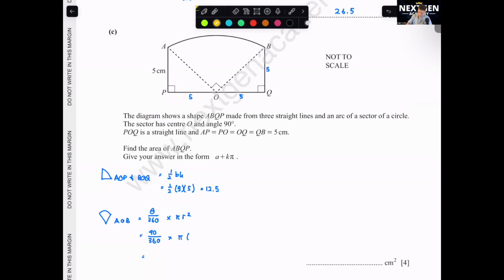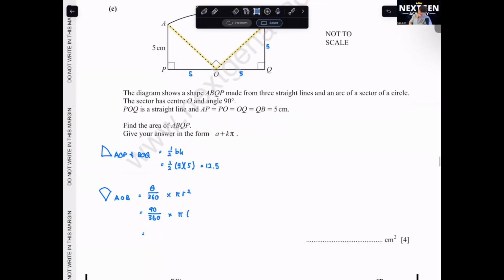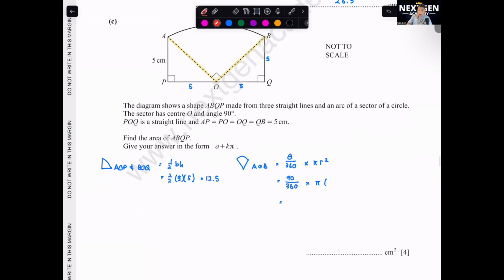Okay, we need to find the radius first. Teacher also needs to warm up a little bit. These two are the radius. So before we do this, we need to find the hypotenuse. What is the hypotenuse? AO and OB. This one AO is your radius. This is 5, this is 5.